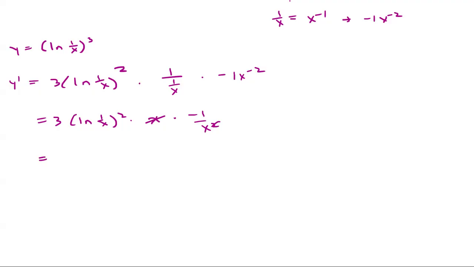So this becomes 3 times ln of 1 over x, squared, times negative 1 over x. And again, we can rewrite this as 3 times ln of 1 over x, squared, divided by x. And then don't forget the minus in front.